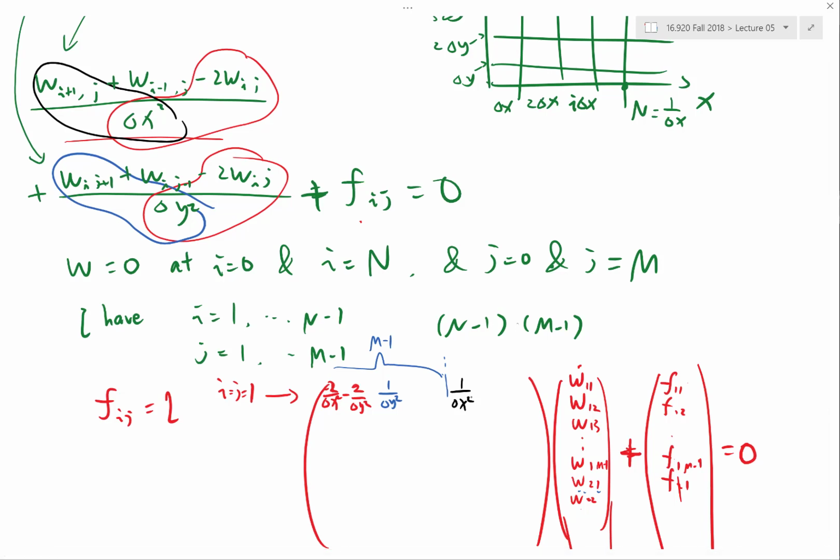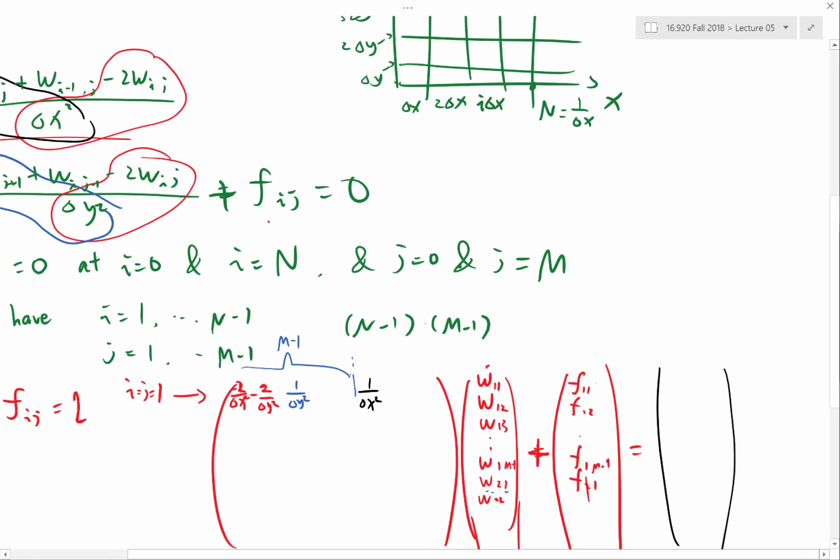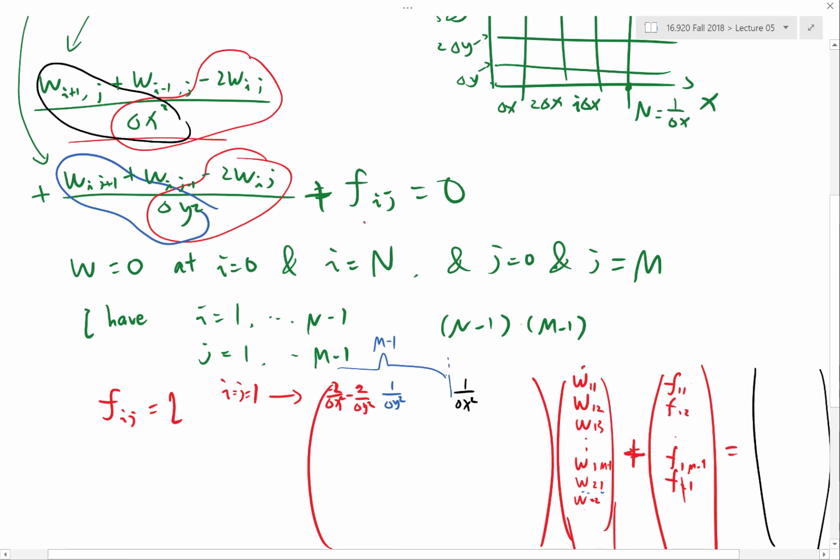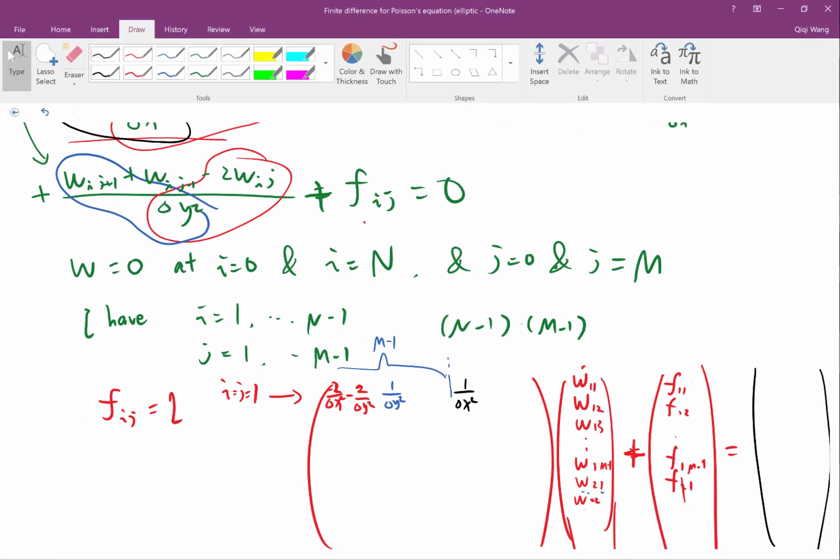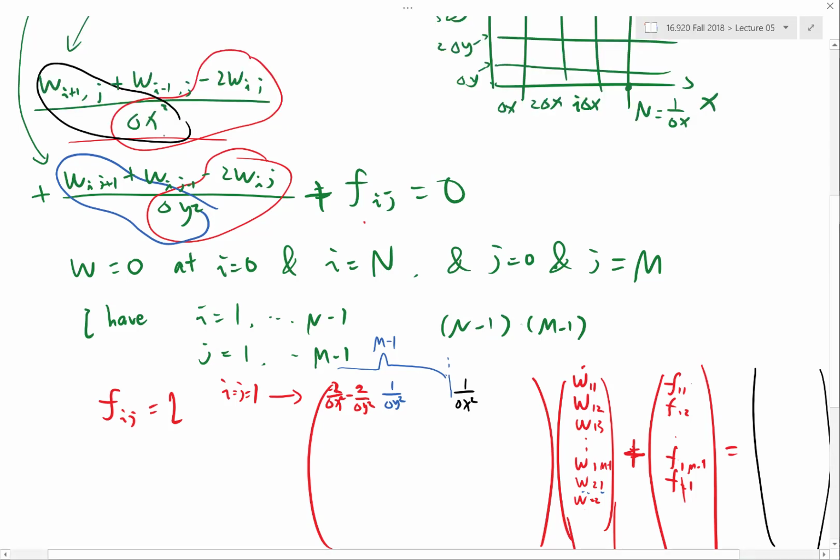Okay, and now, what's the right-hand side? The right-hand side is also not going to be 0. For i and j equal to 1, the right-hand side consists of the numbers that I already know, which is all the numbers I didn't circle in the differential operator.